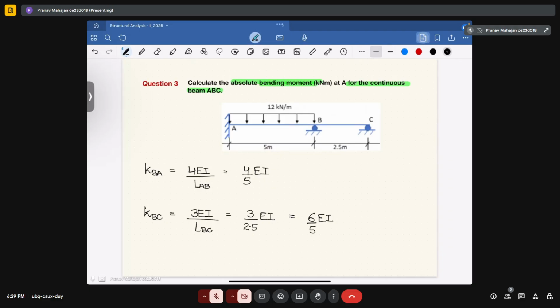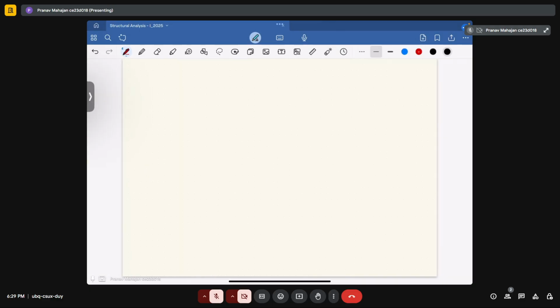Now we will calculate the distribution factors.